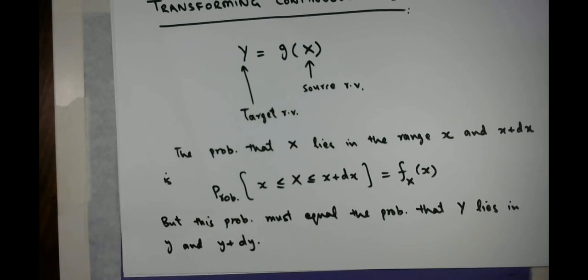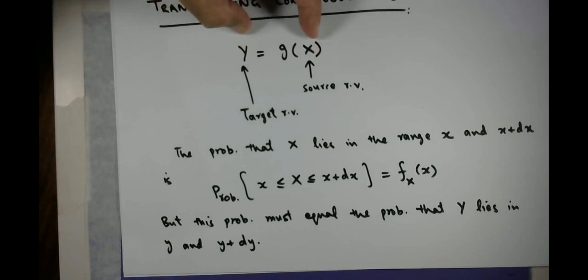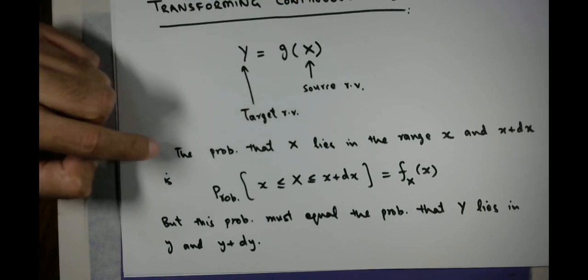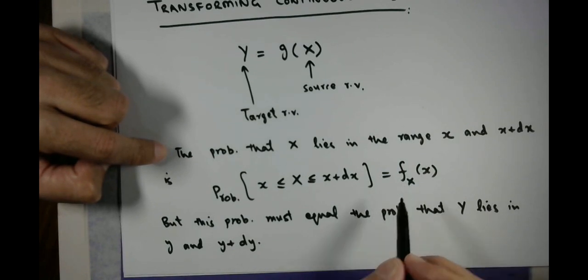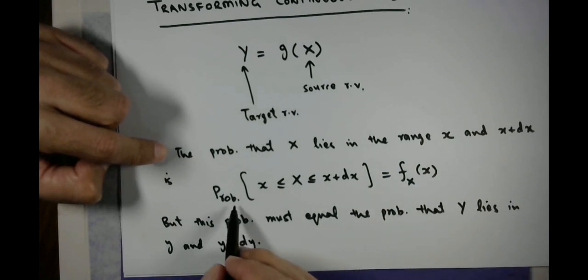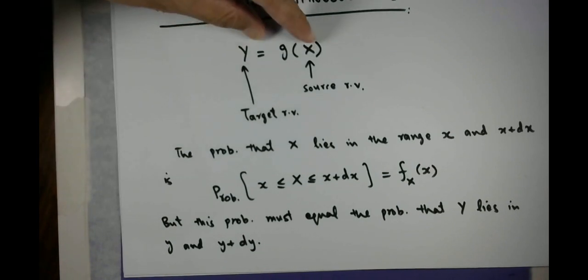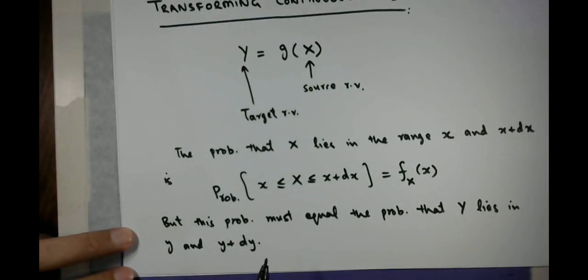This is important to understand. Y and x are related in this way. Y is obtained by applying a functional form on x. X is the source random variable, y is the target random variable. We know that the PDF of x is written by definition in this way, but since y and x are related, this probability should be equal to the probability that y also lies in this small range.